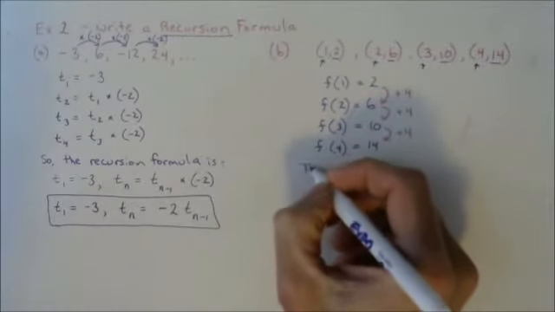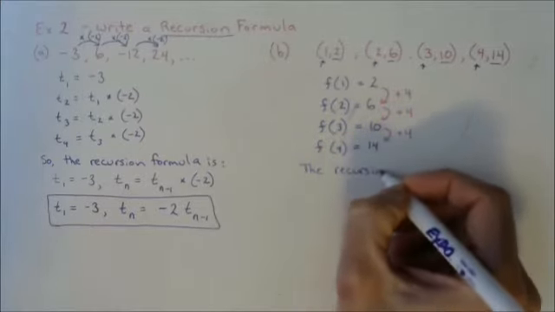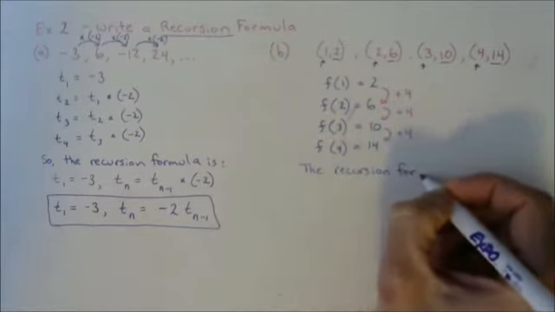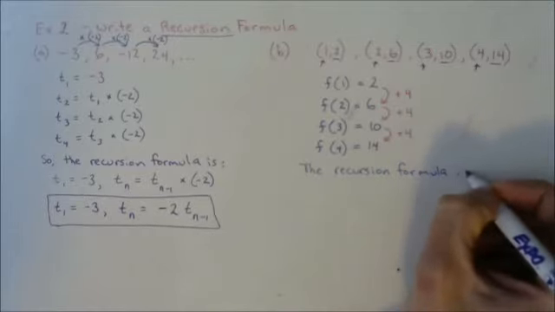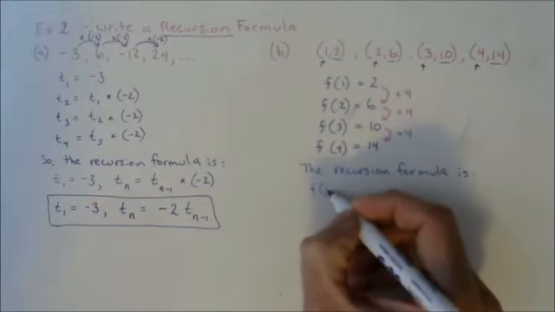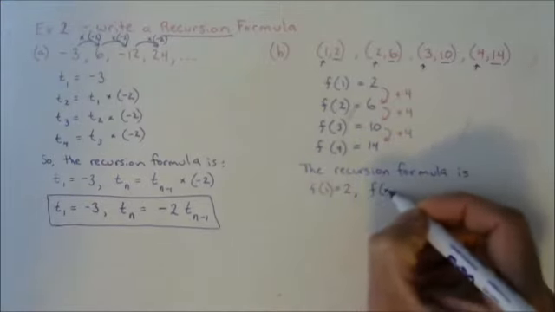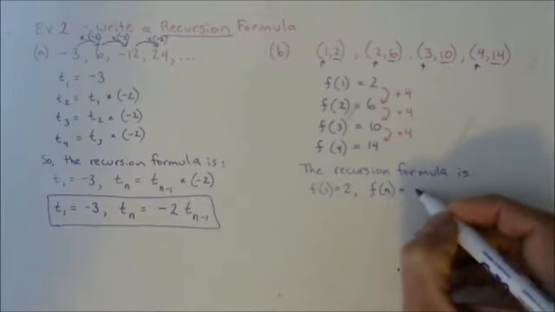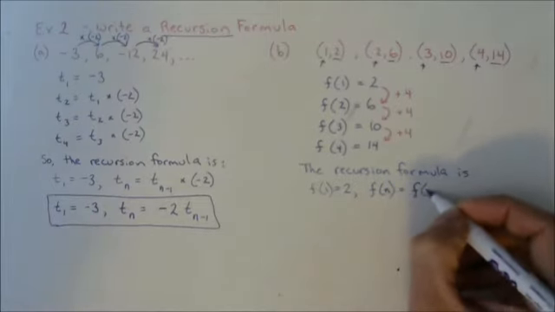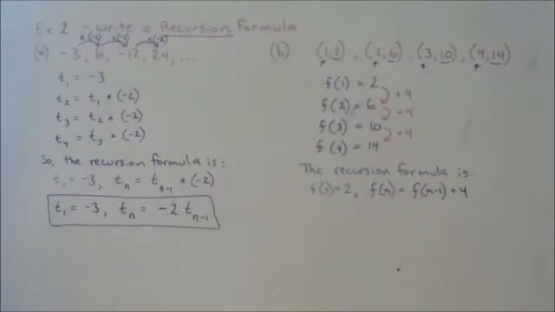The recursion formula is starting with the first term. The first term is 2. Then, for any term, you simply need the previous term and add 4.